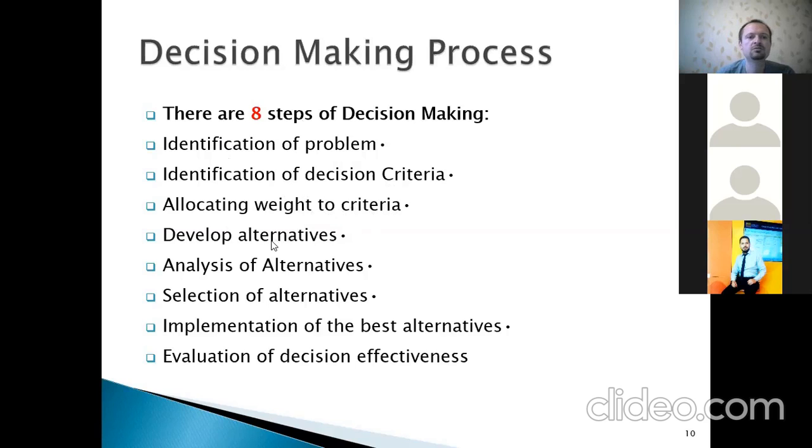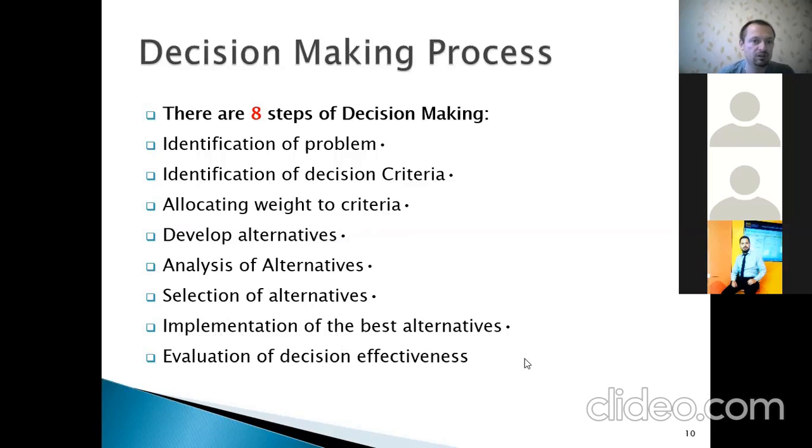Then you have to think about possible ways to make a decision. You must have at least 2 alternatives. Then you have to analyze these alternatives. Then you have to make a choice among the alternatives. Then you have to implement your strategy, and then you have to evaluate the results of your activity.